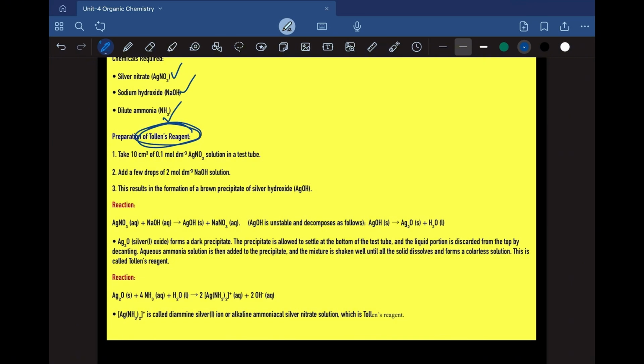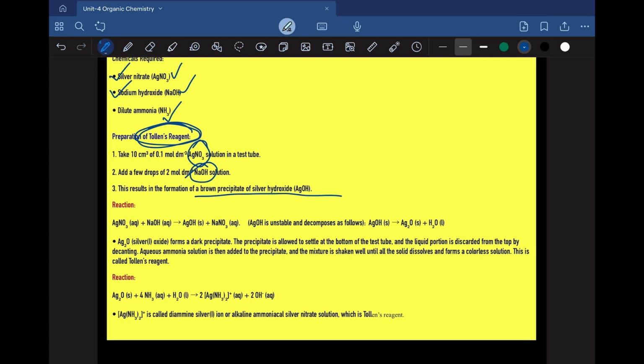To prepare this Tollens' reagent, we will take 10 cm³ of 0.1 mol per dm³ silver nitrate solution in a test tube, and then add a few drops of 2 mol per dm³ sodium hydroxide. When you have added both, this results in the formation of a brown precipitate of silver hydroxide.